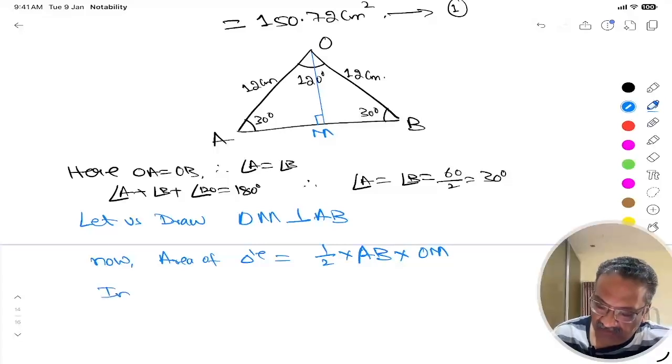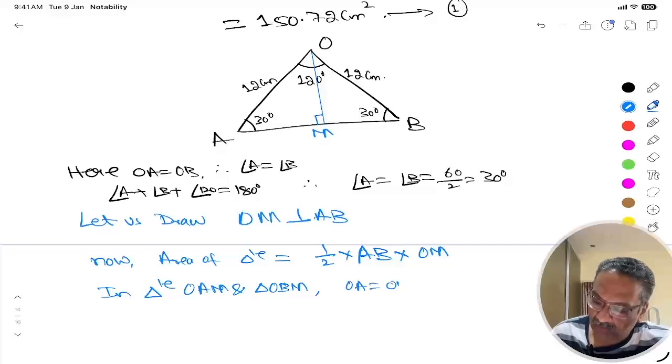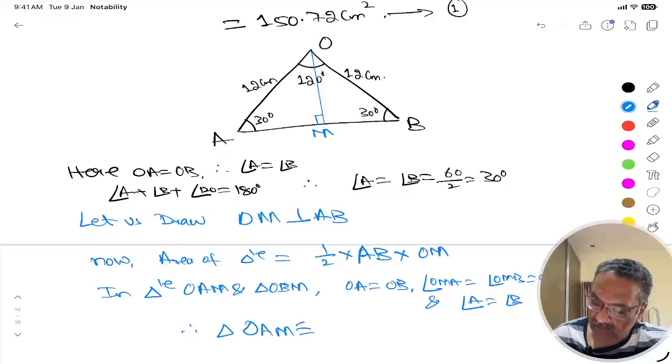Now in triangles OAM and OMB, we have OA equal to OB, angle OMA equal to angle OMB equal to 90 degrees, and angle A equal to angle B. Therefore we can say triangle OAM is congruent to triangle OBM.